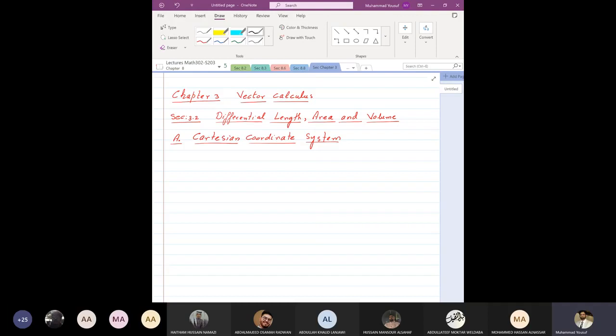Now in Cartesian coordinate system, suppose that we have 2 points, or let's say a vector. We have some vector. Or from one point, we go to the other point in a straight line.